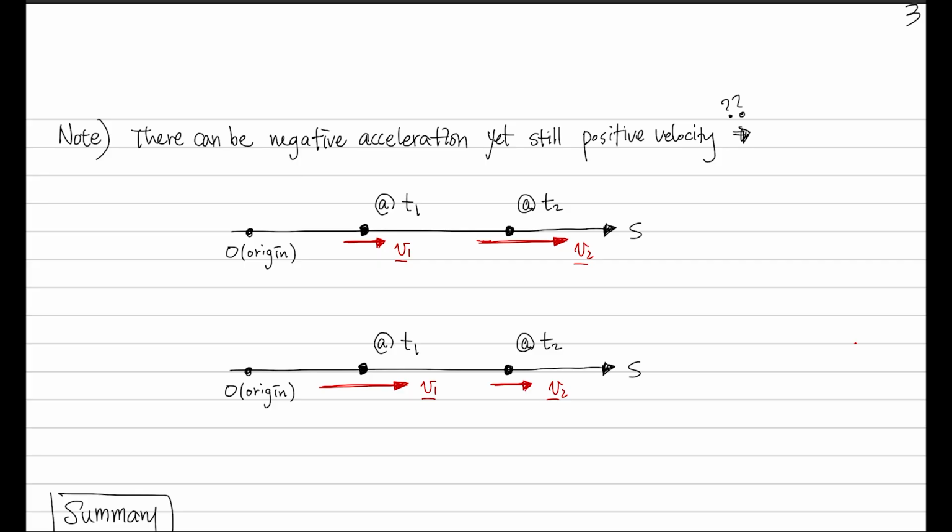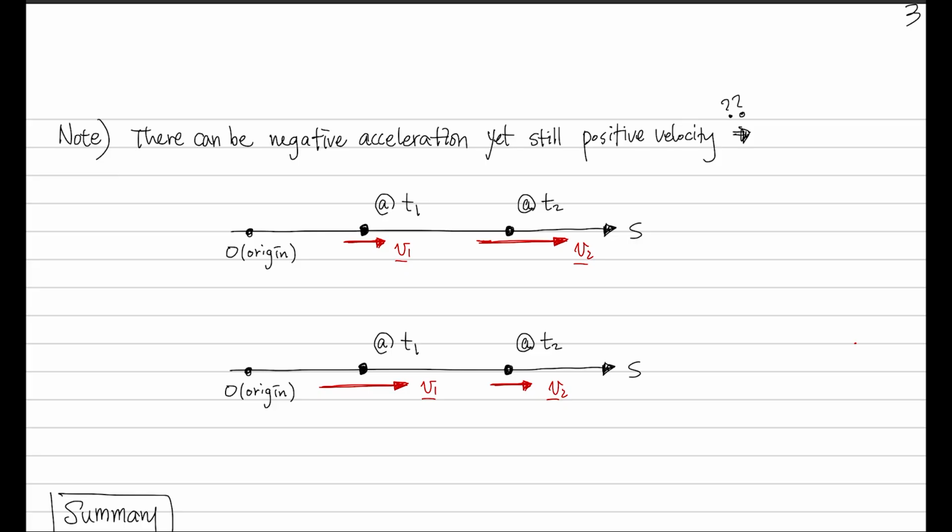And there can be a case like this where you have negative acceleration yet still have a positive velocity. Can anyone think about a case like this? Yes, exactly. Braking your vehicle. So you're still moving forward, but you're slowing down. Okay? So the acceleration is negative. It's the opposite direction, but you still have a positive velocity until you stop. Okay?